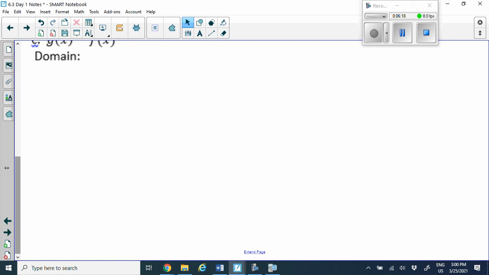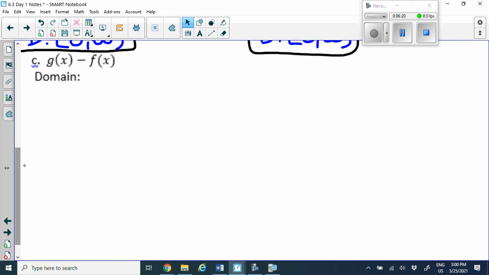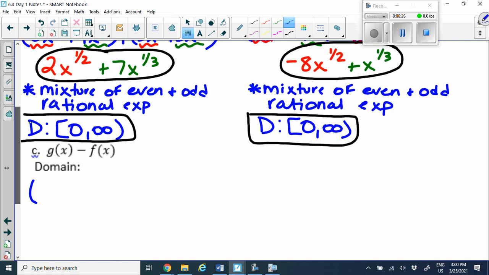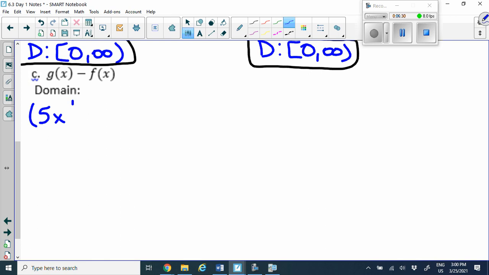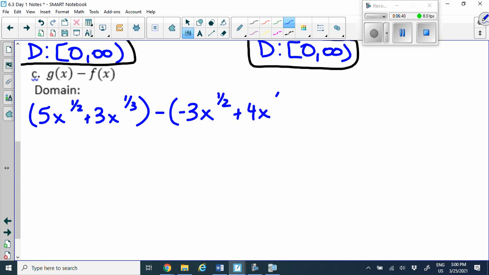So we have g of x this time. Our g of x is going to be 5x to the 1/2 plus 3x to the 1/3, and then minus negative 3x to the 1/2, and then plus 4x to the 1/3.